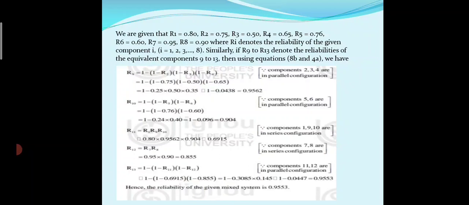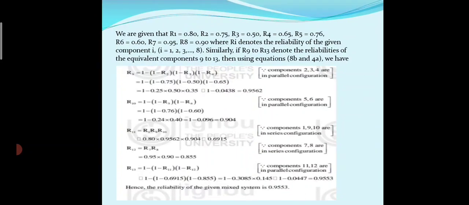Then next we find R10. R5 and R6 are in parallel configuration, so R10 is 1 minus (1 minus R5)(1 minus R6). This is the formula to find the reliability when components are in parallel configuration. Next we see R11.